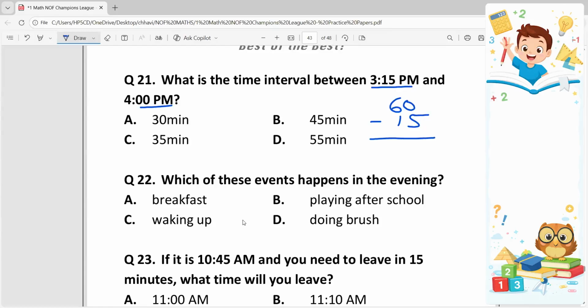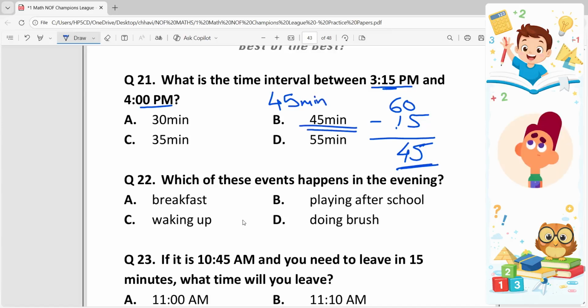So 1 hour is equal to 60 minutes and we have to subtract this 15 from this. So it is 5 and 1 here, so it's 45. So the difference between 3:15 and 4 p.m. is 45 minutes. Okay. And our options are 30 minutes, 45 minutes, 35 minutes, and 55 minutes. So this one is matching our answer, and so option B is the correct answer.